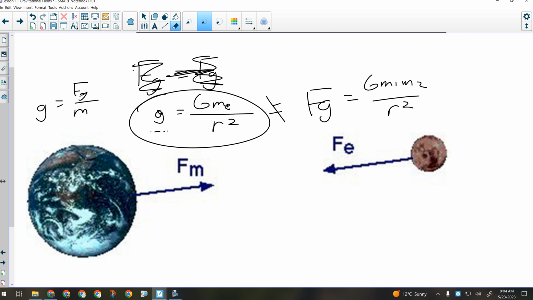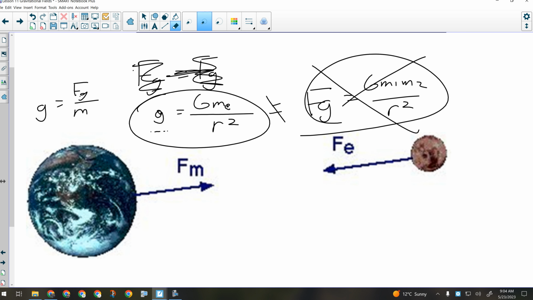It's force of gravity. Gravitational field strength is acceleration due to gravity. So we have to make sure that we read a question carefully, because it's a super easy question. I'll tell you that right now. But people get it wrong because they go to this instead of that.